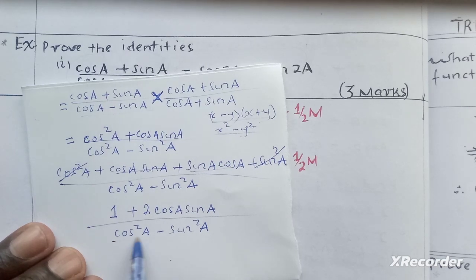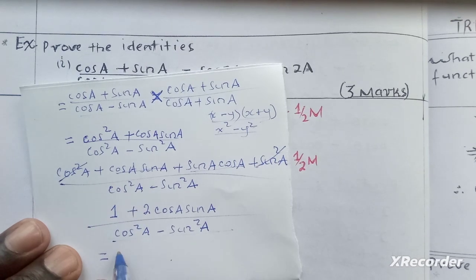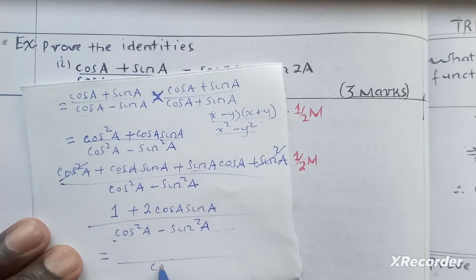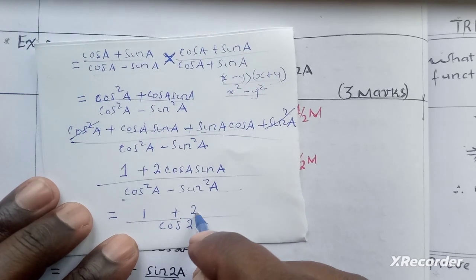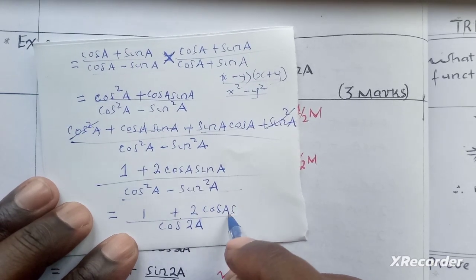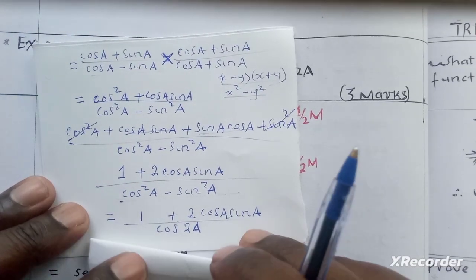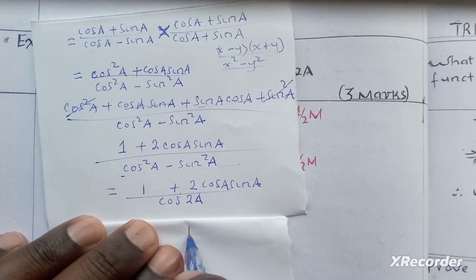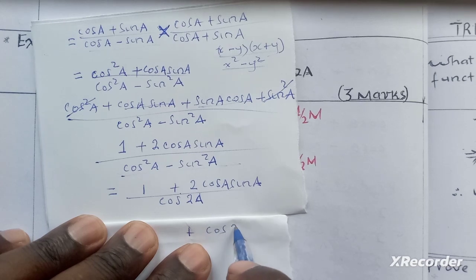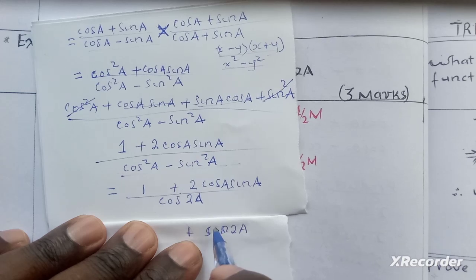So for this, we still have another identity, and this one is supposed to be cos 2A, and here we have 1 plus 2 cos A sin A. And so therefore, we come here and say, this one forms a double angle, and the double angle is sin 2A.